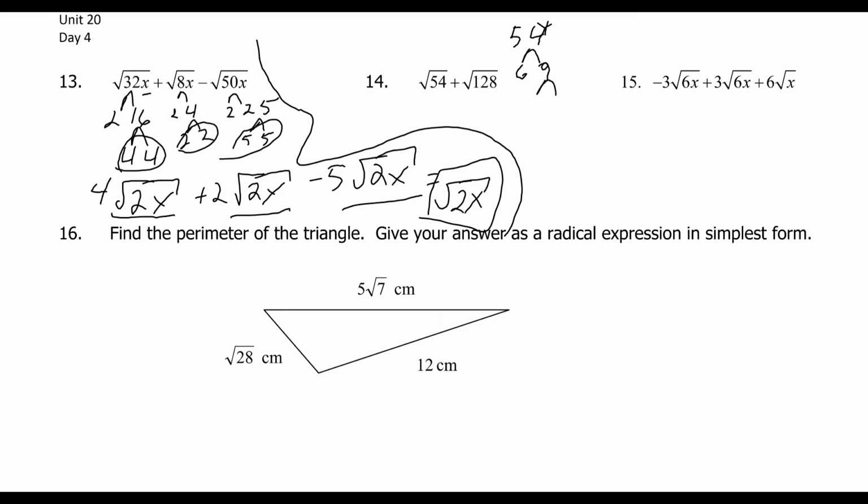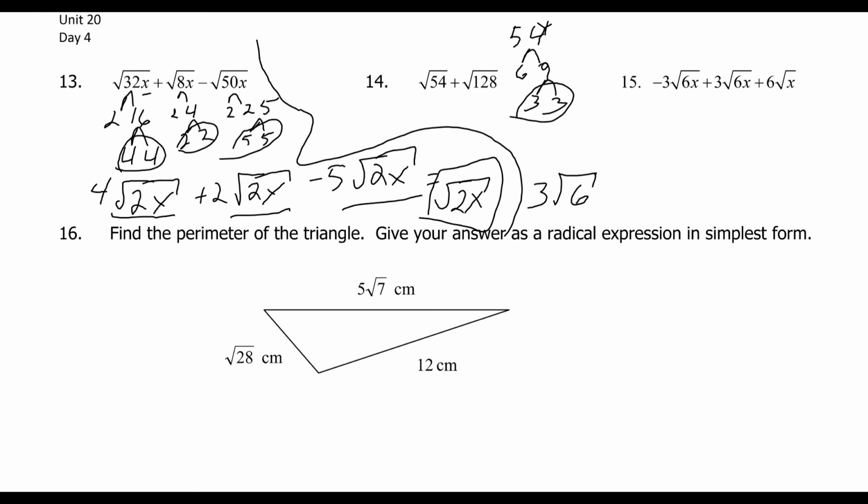The 9, okay, 6, as we found out earlier, doesn't really make anything nice for us to break apart. So we got a 3 and a 3. So we can pull that out and leave it as 6. 3 root 6.